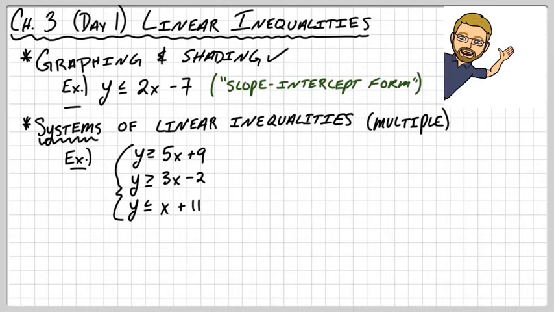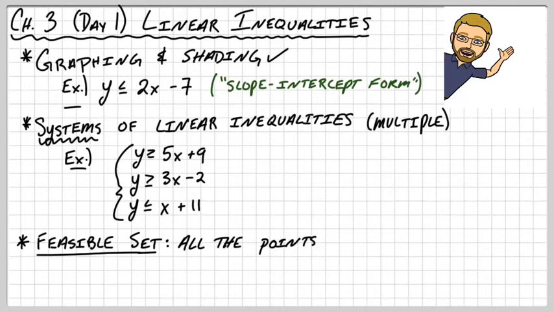And then once we've graphed a system of linear inequalities, we want to know what the solution set is for that system, and we call that the feasible set. So a feasible set is just all the points that simultaneously satisfy every inequality of a system.